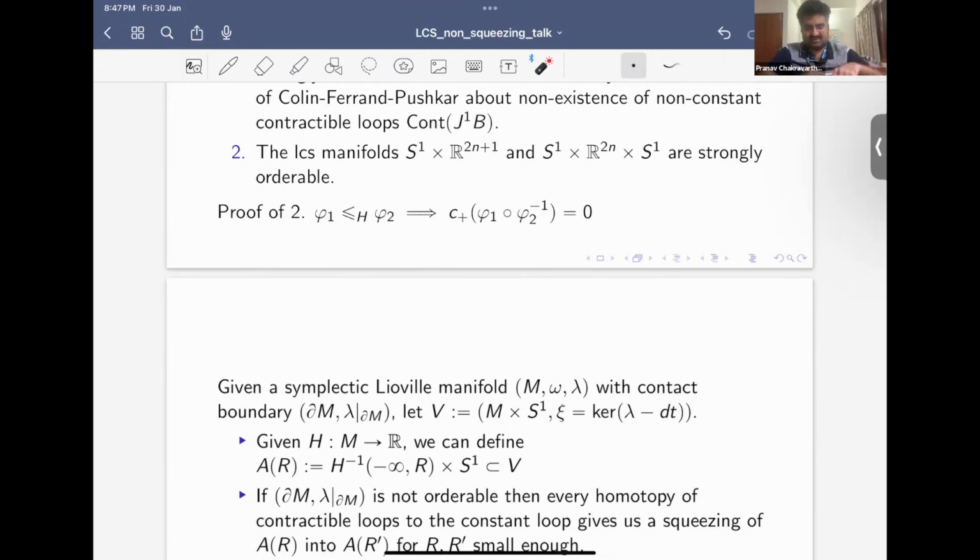Banyaga, Weissman, and others were studying this. If you have some Hamiltonian system where the energy is dissipated, then the Hamiltonian dynamics is not modeled by symplectic structures, but rather by LCS structures or contact structures. That's the original motivation for studying this.